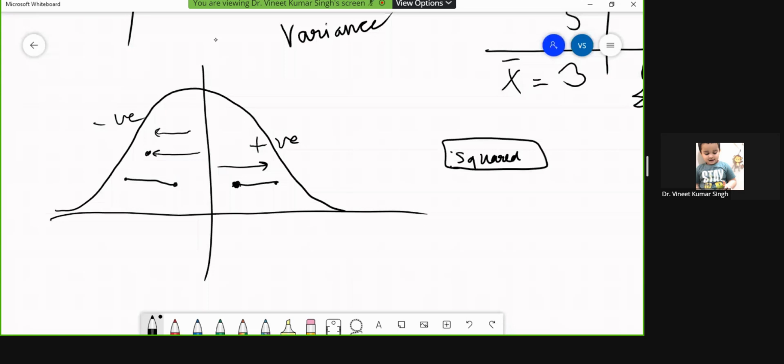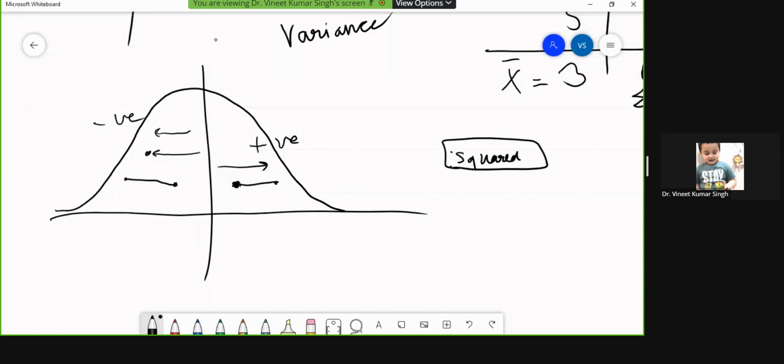How do we normalize what we squared? By taking a square root, we square rooted again. So this is known as the actual deviation, the standard deviation we have found. Variance is also known as square deviation, and this is the standard deviation after square rooting.